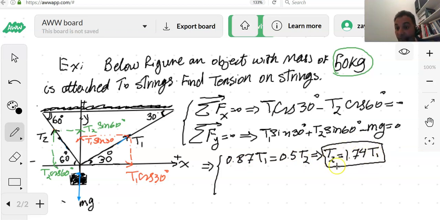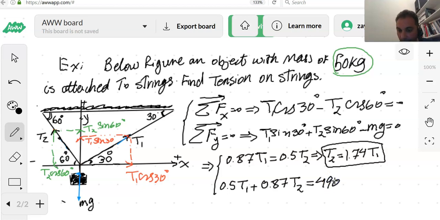Now I'm going to use this equation and substitute it here. So that will be 0.5 T1, since sine 30 is 0.5, plus 0.87 T2, since sine 60 is 0.87, equals mg. The mass is 50 kilograms, so 50 times 9.8 gives you 490.